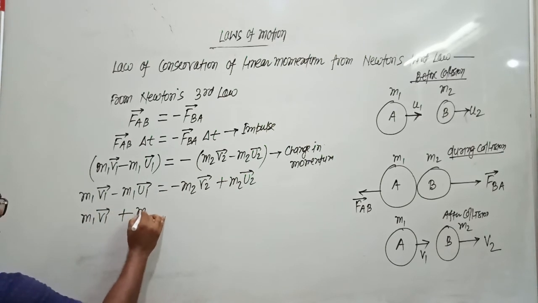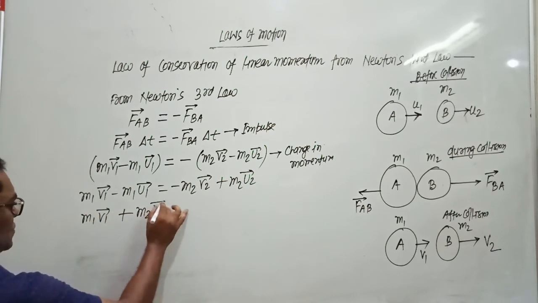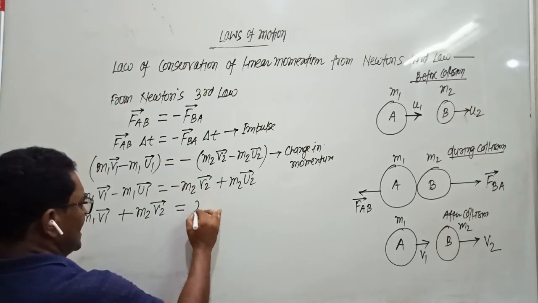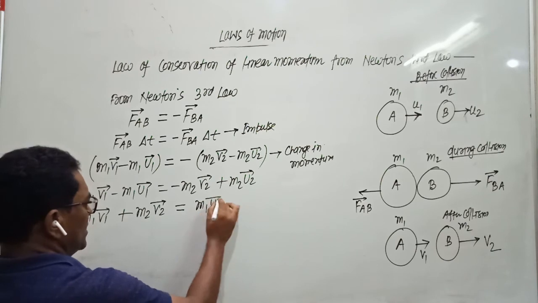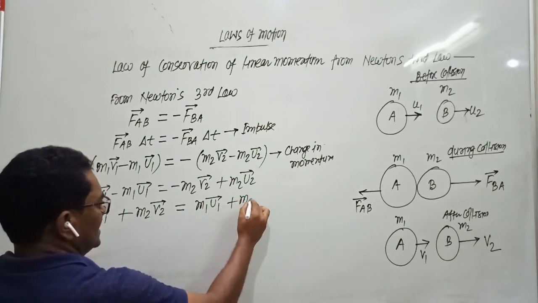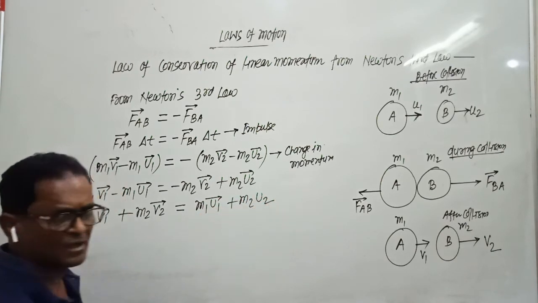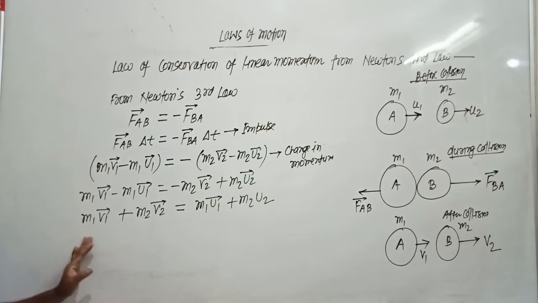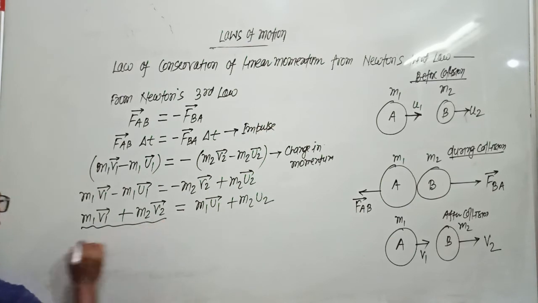This goes on the right side and becomes positive: m1 u1 plus m2 u2. So m1 v1 plus m2 v2 is the total linear momentum after collision.